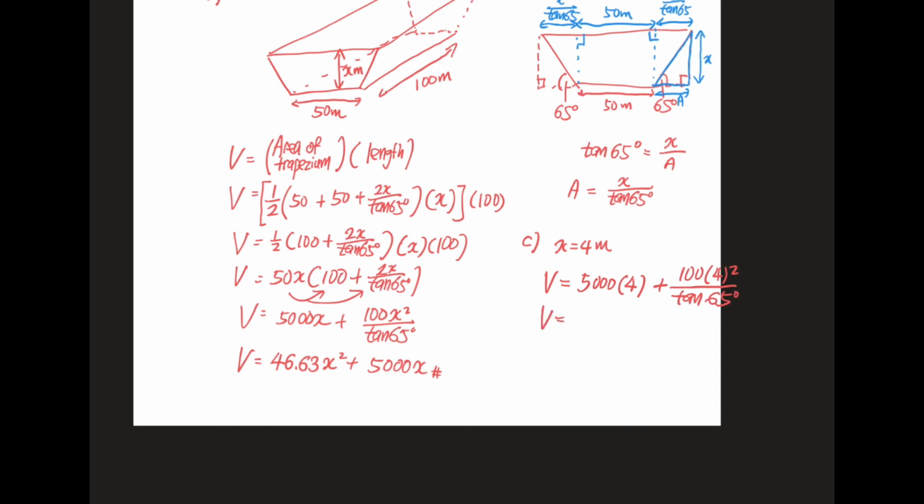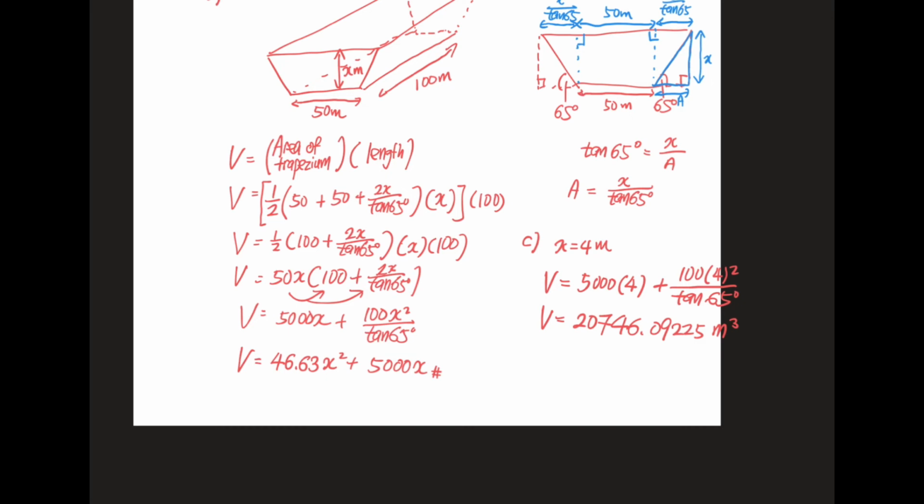Now we just need to check with the calculator. 5000 times 4, 100 times 16 over tangent 65 degree. So we get 20746.09225 meter cube.